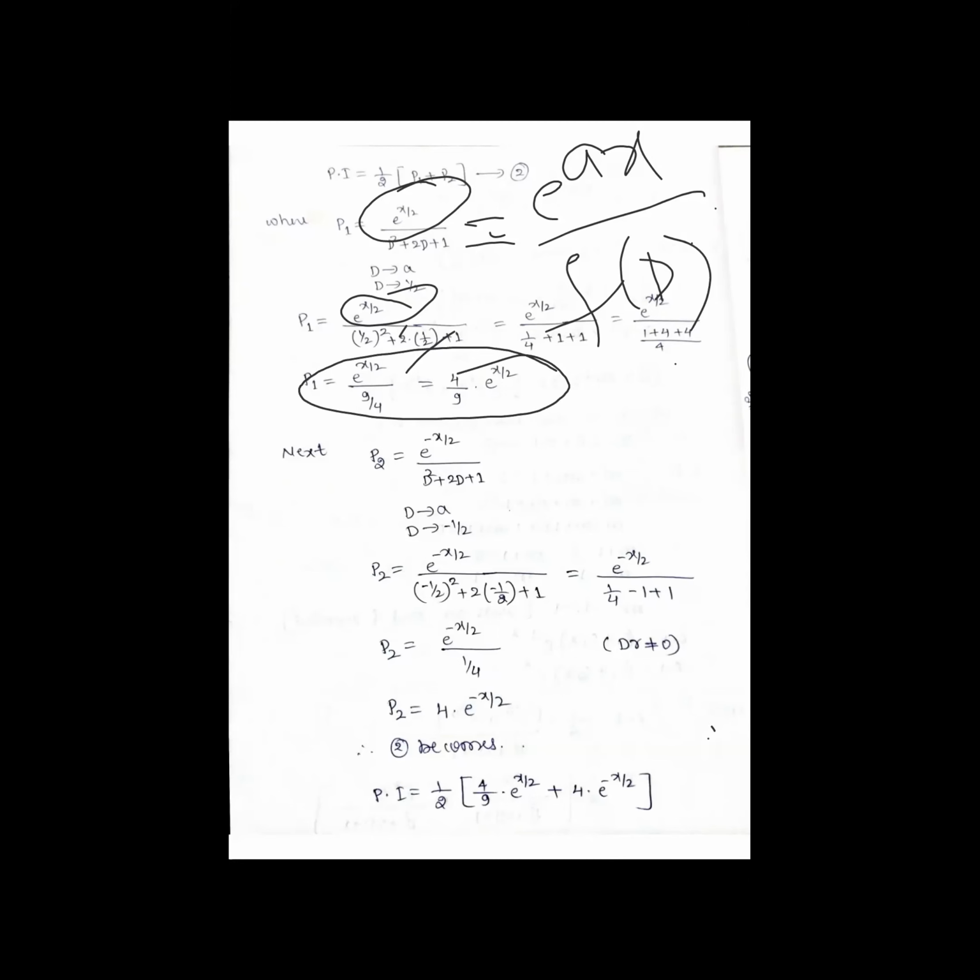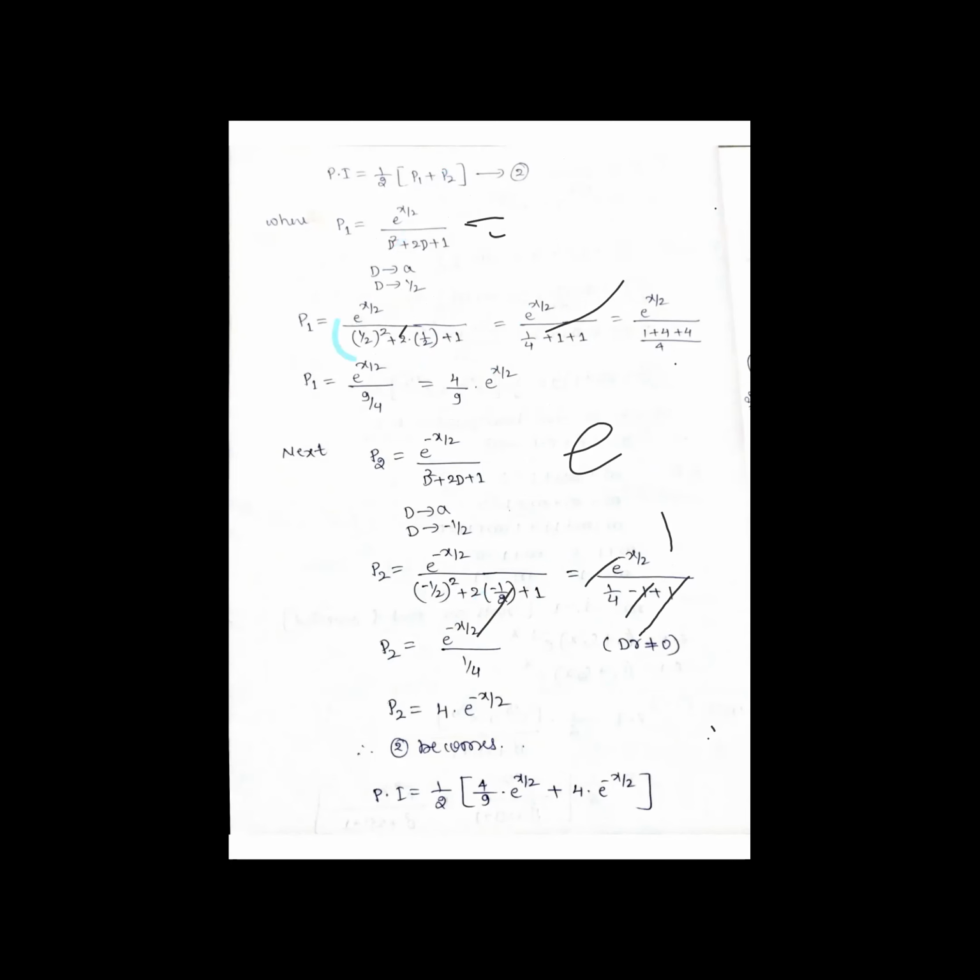Next, come to P2. Again, e raised to ax divided by f of d. What is a here? Minus 1 by 2. So d is replaced by minus 1 by 2: minus 1 by 2 the square plus 2 into minus 1 by 2 plus 1. The 2s get cancelled here.